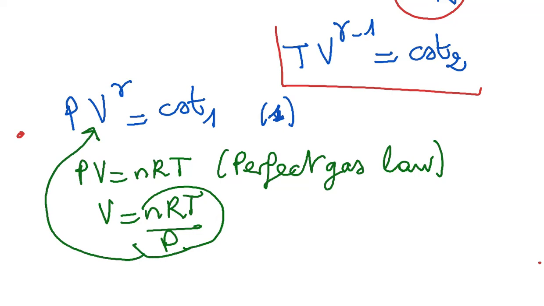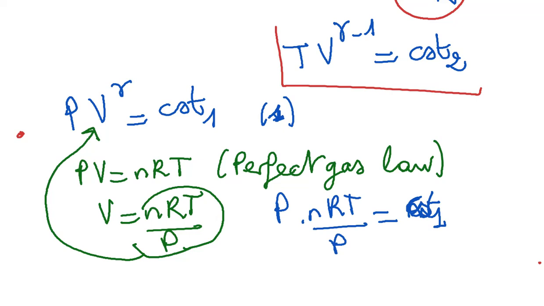So I will have P times nRT over P equal to constant 1. Perfect. So we have P over nRT equal to constant 1.